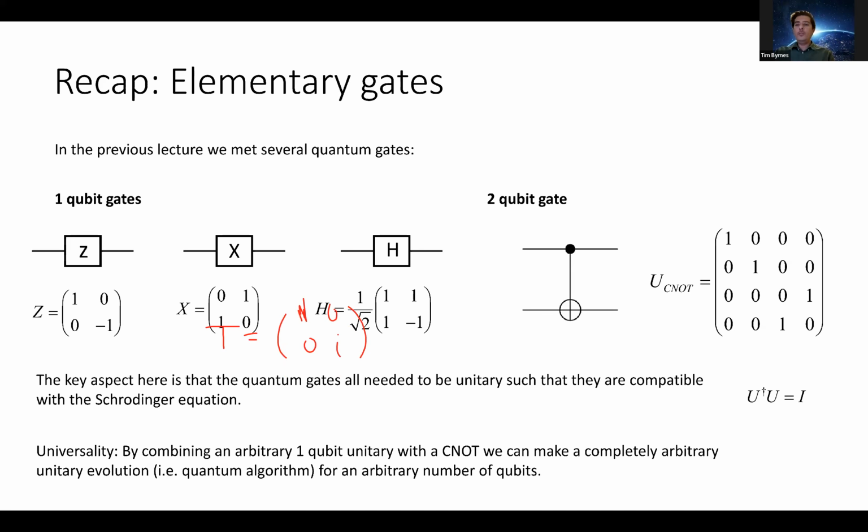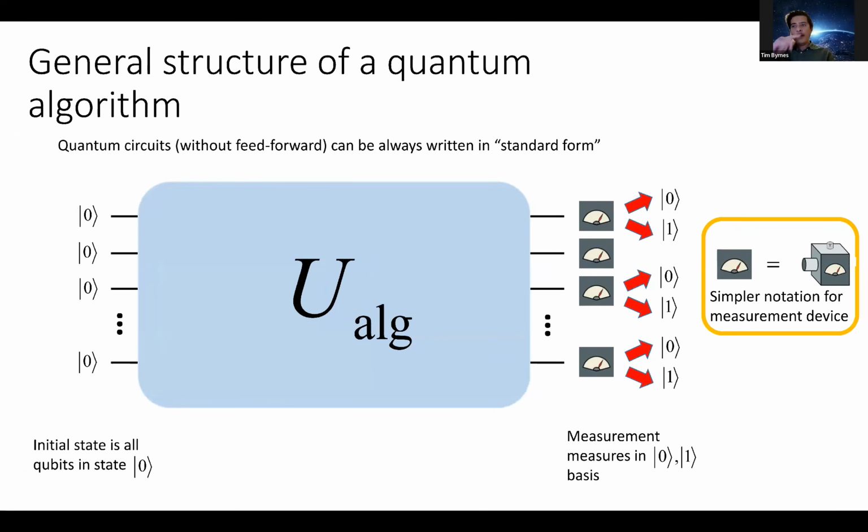what we're going to do is look a little bit more into quantum circuits. What I already had in the last gate set is that in a quantum circuit, you tend to always have some input state, and then there's an algorithm part, and then the final state, and then the measurement.